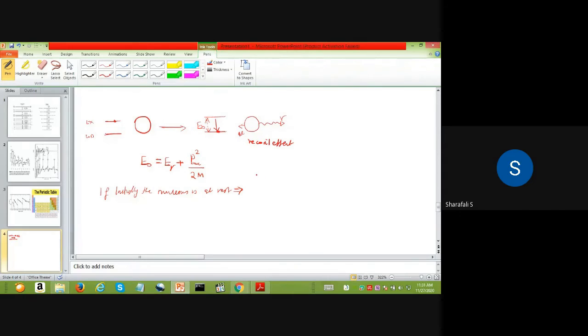From that, we can say that the momentum of the gamma particle which is going out should be equal to that of the nucleus, when you have the excited nucleus which is at rest.